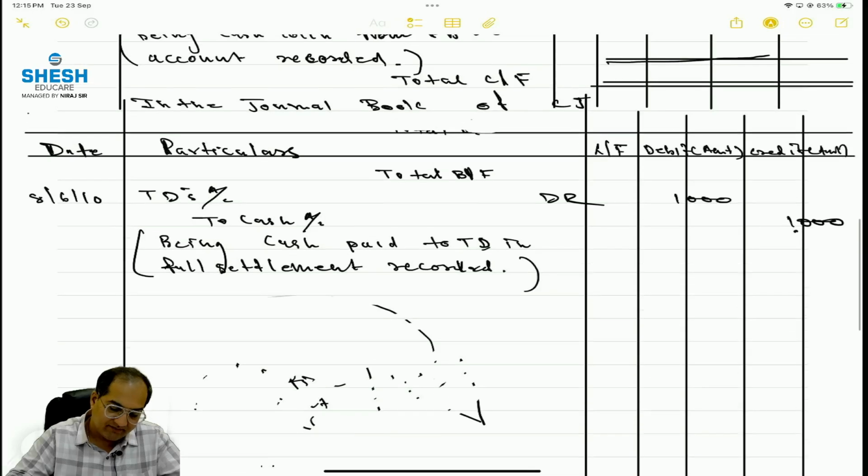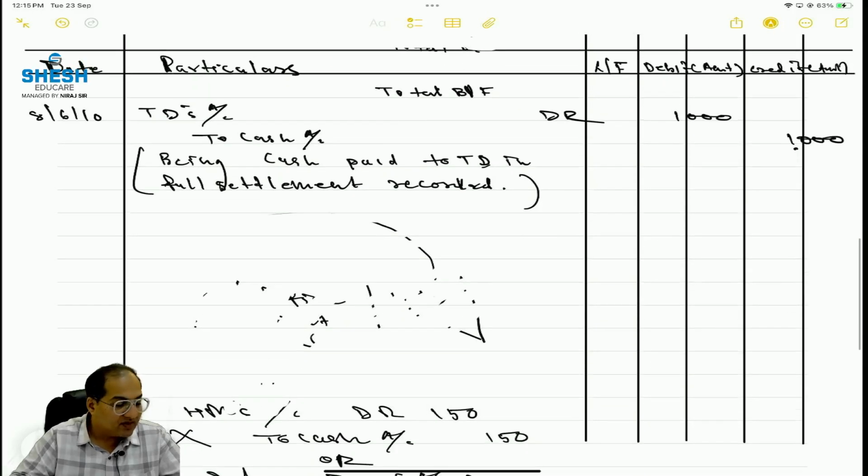On which date? This transaction has taken place on 10th June.